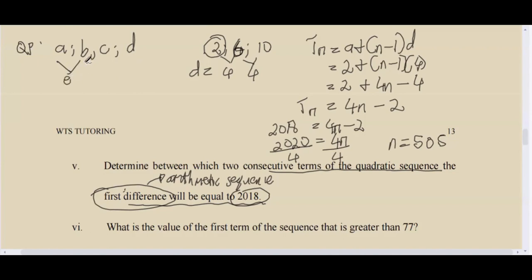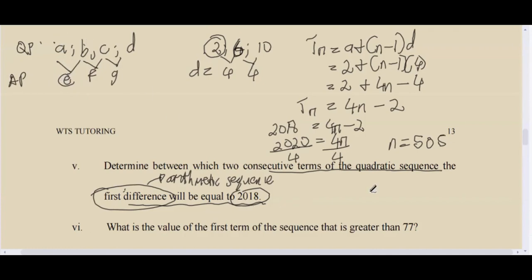So let's say we have E here, we have F here, and then we have G, right? So the first term and the second term of the quadratic pattern actually embody the first term of the arithmetic pattern, right? So the first term of the arithmetic pattern is always between the first and the second.